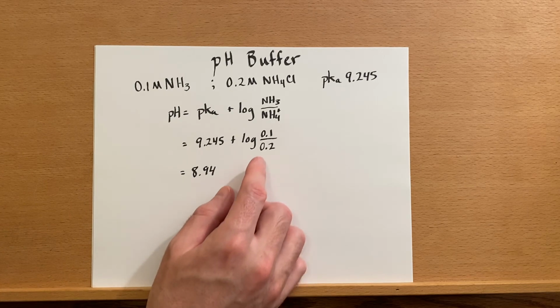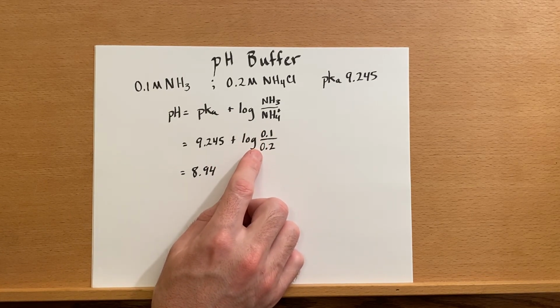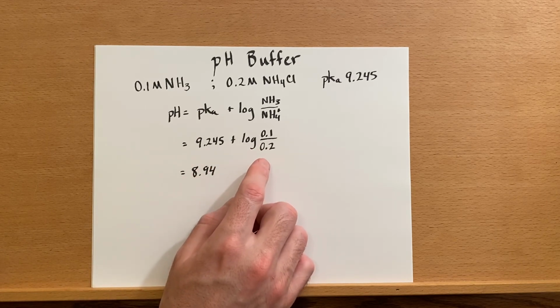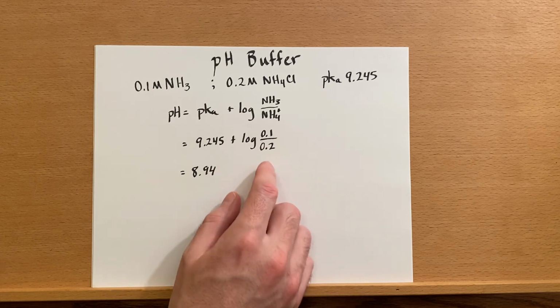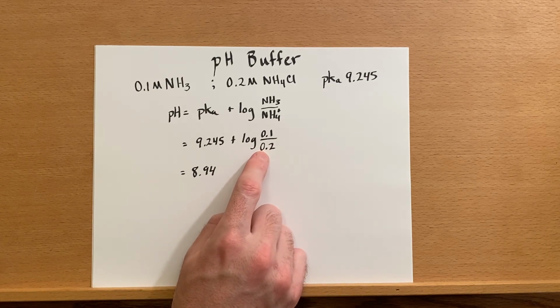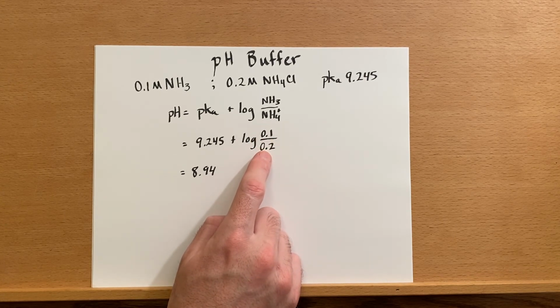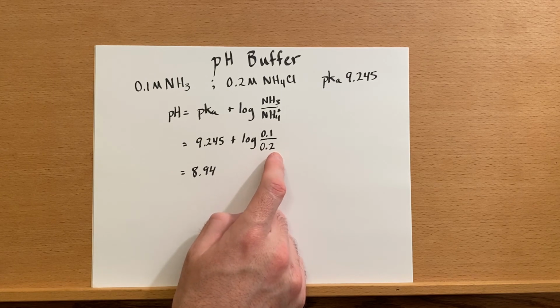Now, as long as there's a good amount of both of these in the solution, we can use this formula. If we get down to where there's no conjugate acid in the solution, this particular formula will no longer work, because we would be dividing by 0. In that case, we would have to use our Kb expression because there's no acid in there.